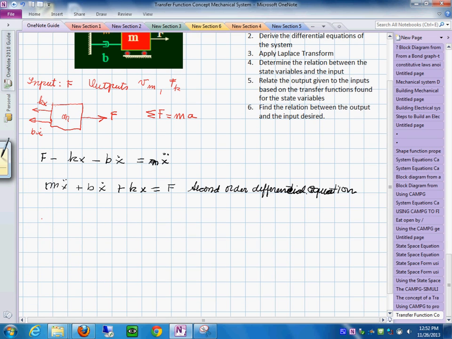So what we are seeing, we want a relationship between, in this case, the velocity of the mass in relationship to the force input, and we also want the force on the spring in relationship to the input.